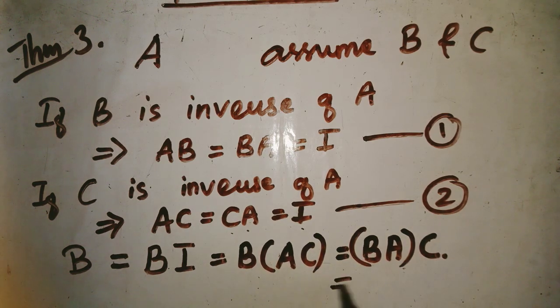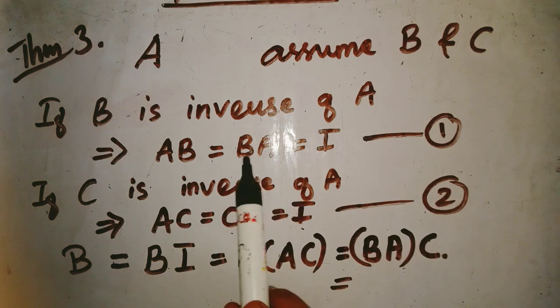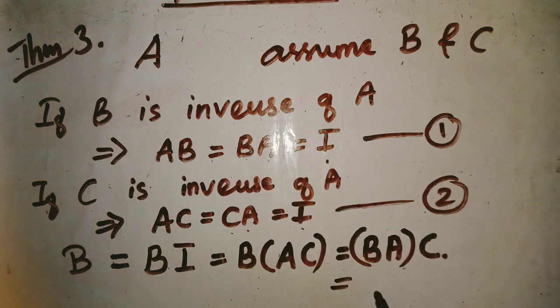From 1 we know that BA is also I, so we can write I here. So this is IC, and the product of this is again C. So we have proved that C is equal to B. That is, if two inverses exist, then they are the same. Inverse is always unique.